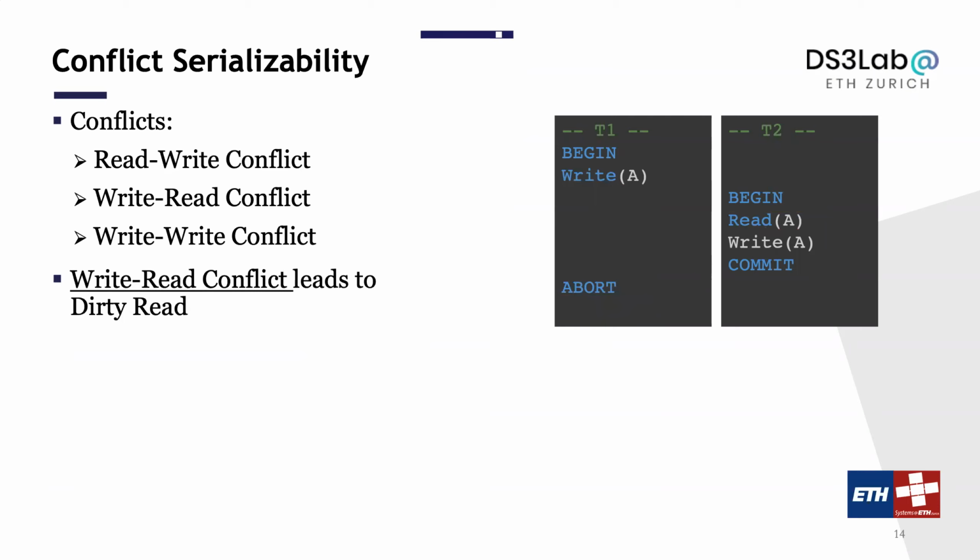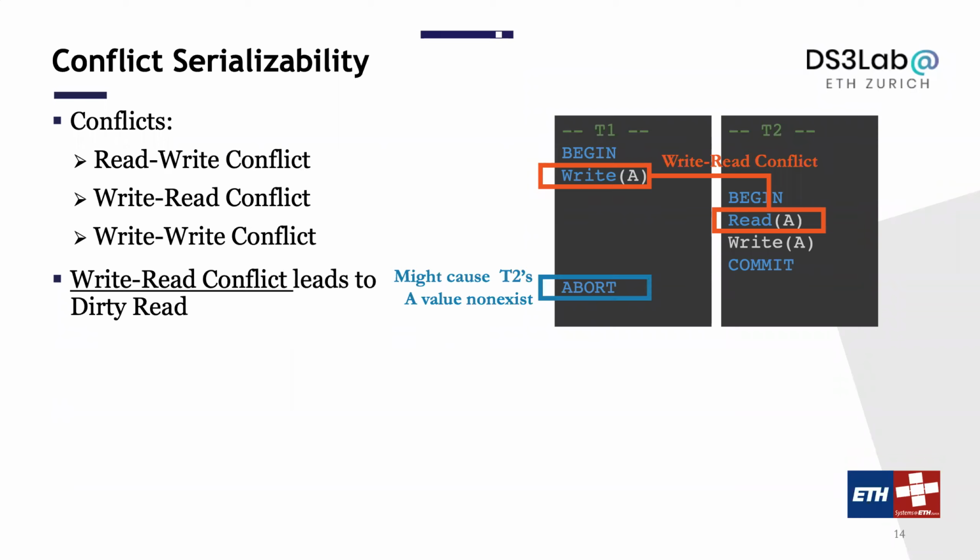So similarly, you have the write-read conflict. You could have in T1, you write A, in T2, you read A. So this gives you a write-read conflict. The high-level intuition is, why does this matter? Here's just one example. Hypothetically, if T1 aborts at the end, then T2 is going to read a value that has never existed.